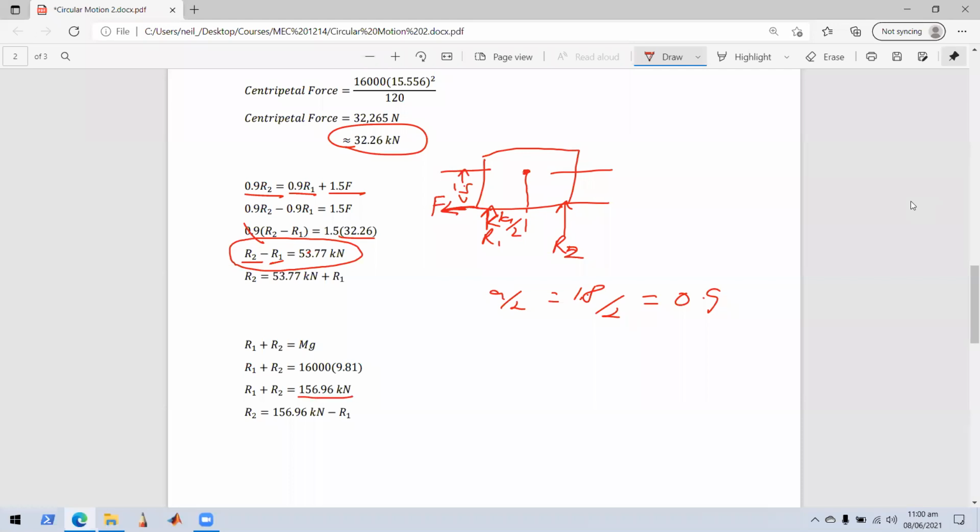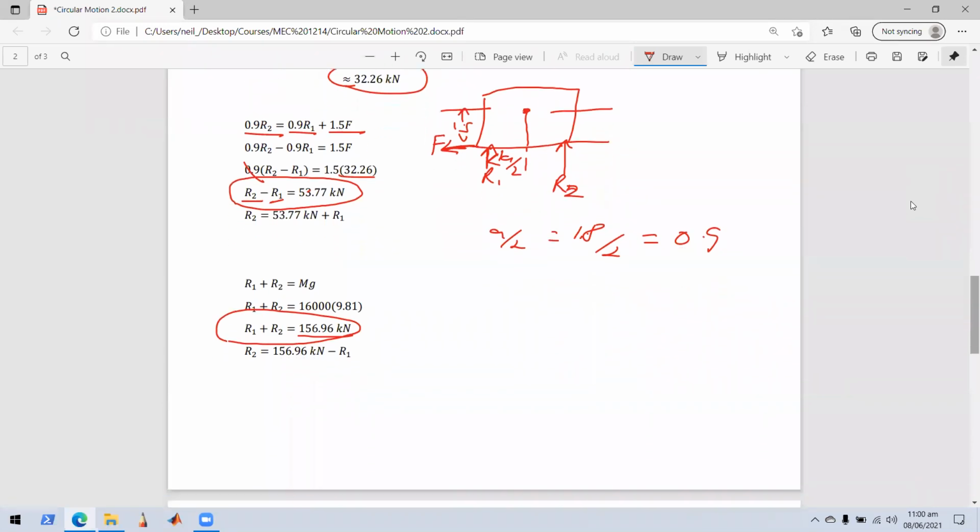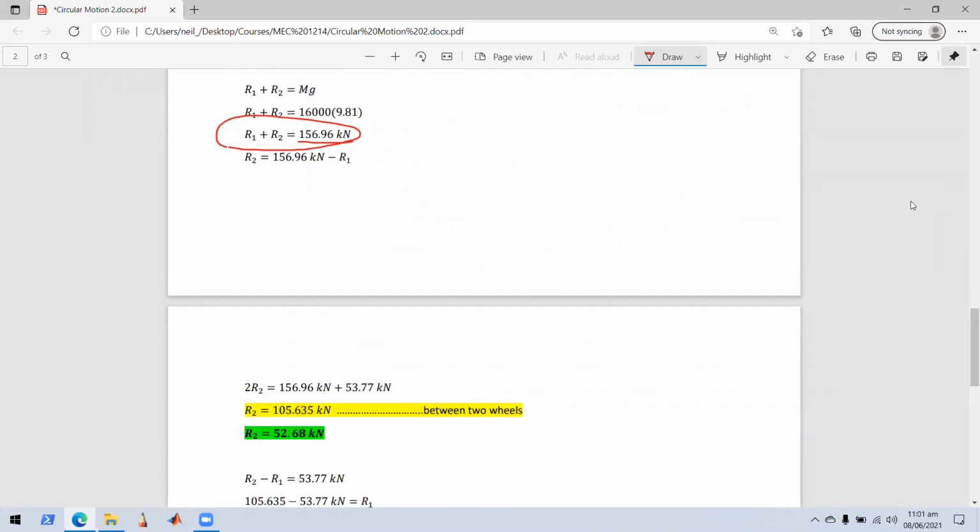Now, we end up with these two equations here and here. So we can simply add these two equations, combine them. We end up with 2R2 is equal to 156.96 kilonewtons plus 53.77 kilonewtons.